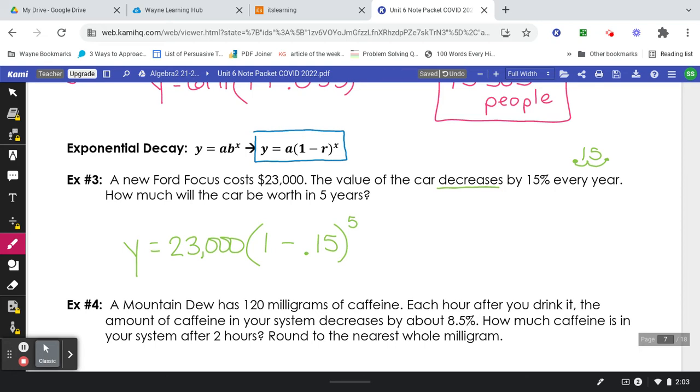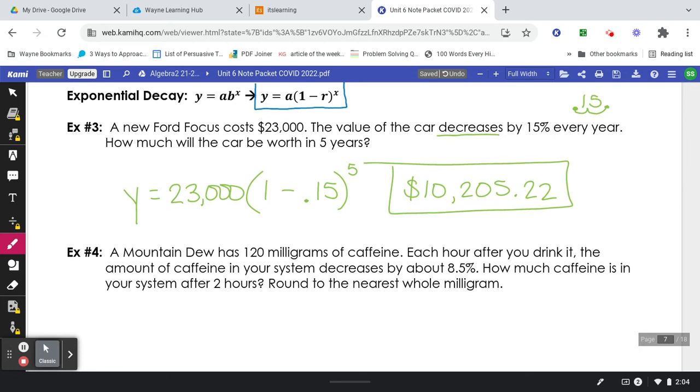Go ahead and try typing that into your calculator. You should round that to $10,205.22. There we go.